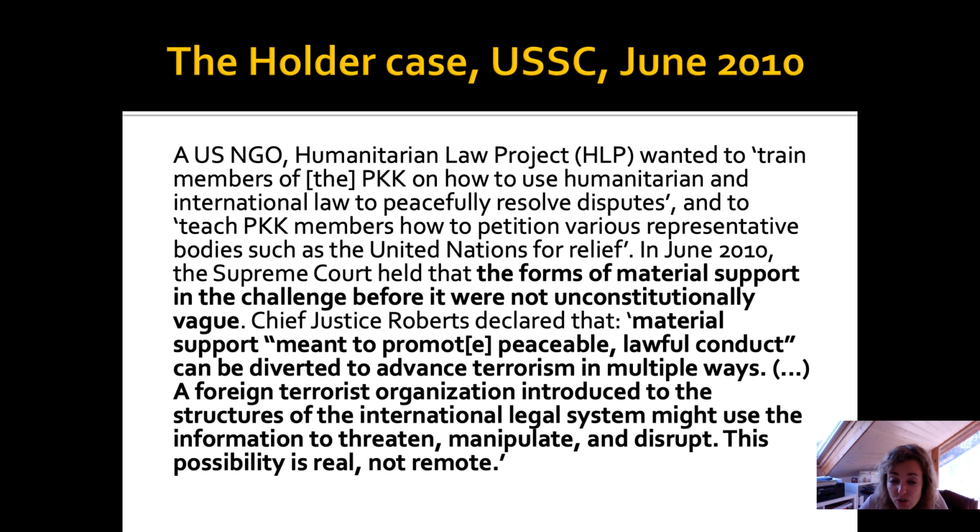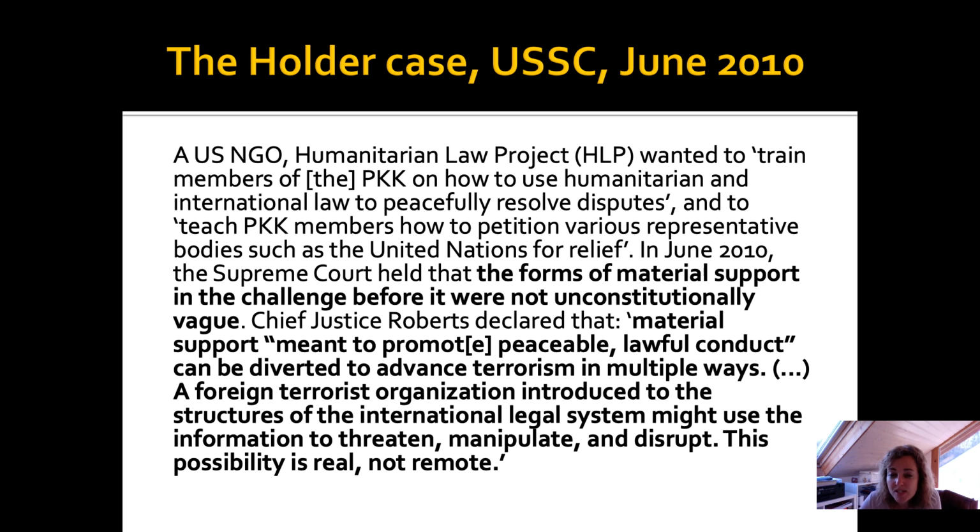So, was that to be considered as material support prohibited by the US national legislation on counterterrorism? If it were prohibited, it could fall under this legislation and lead to criminal sanction. Well, in June 2010, the Supreme Court held that the forms of material support in the challenge before it were not unconstitutionally vague.